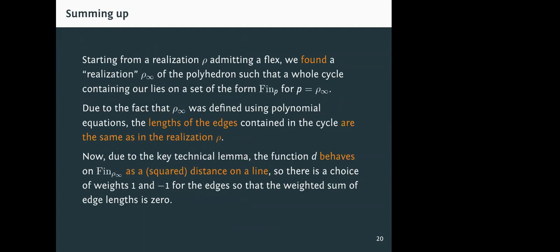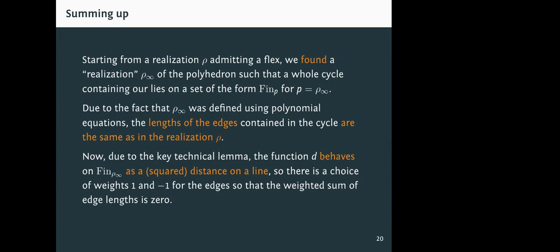Now, since this realization rho infinity is defined using purely polynomial equations and Zariski closures, the lengths of the edges that we started from in rho, which are contained in this thin P, are the same also for rho infinity.